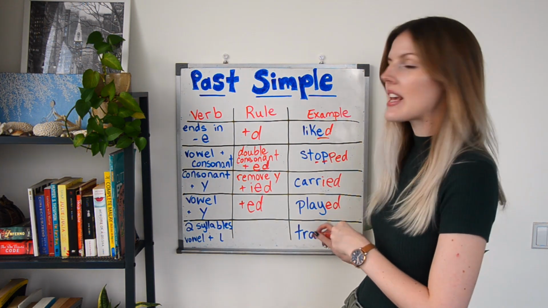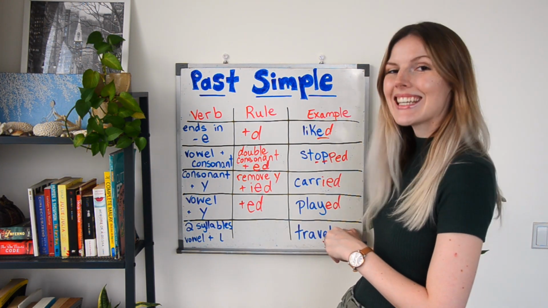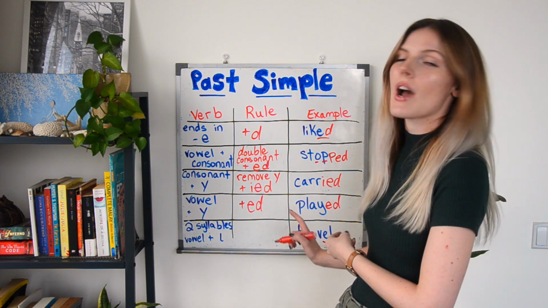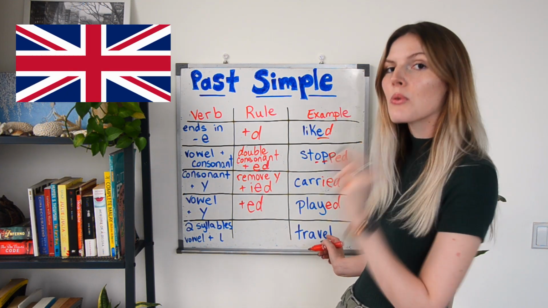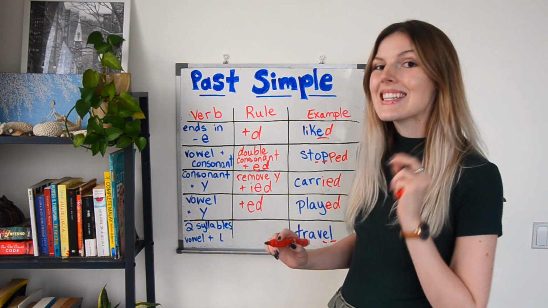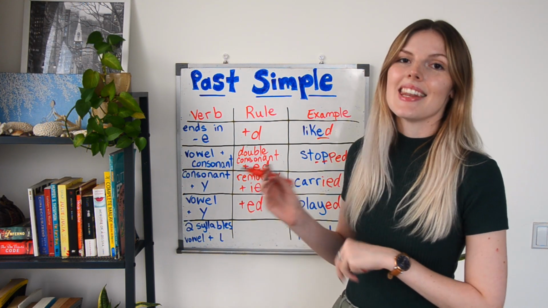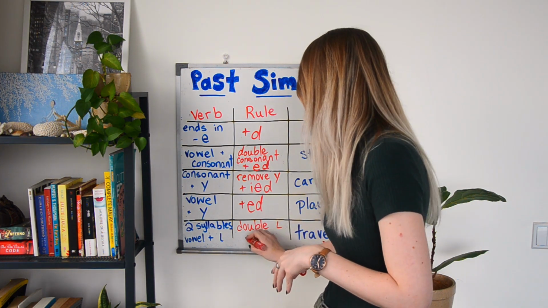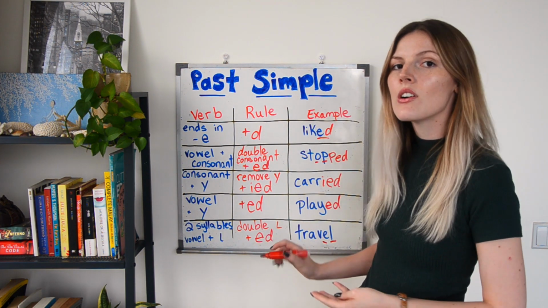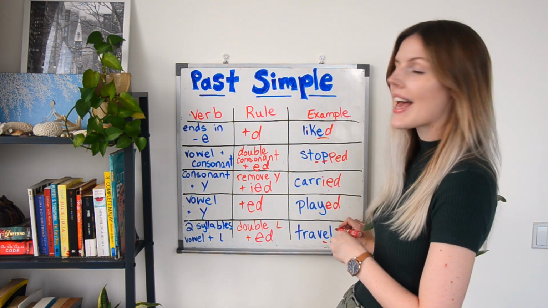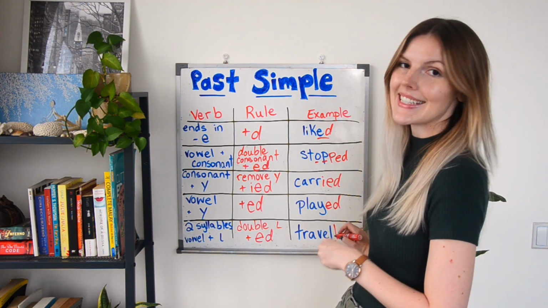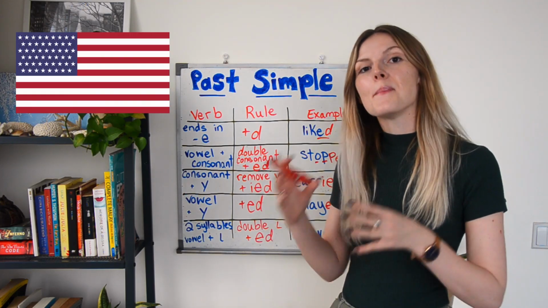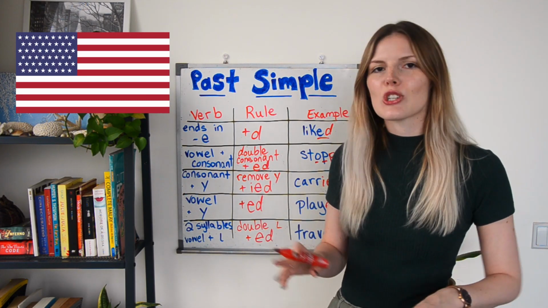In travel, we have our vowel E and our consonant is L. If you have vowel plus L in British spelling, we double the L and then add ed. So travel becomes travelled with double L and ed. If it were American spelling, we don't need 2 L's.